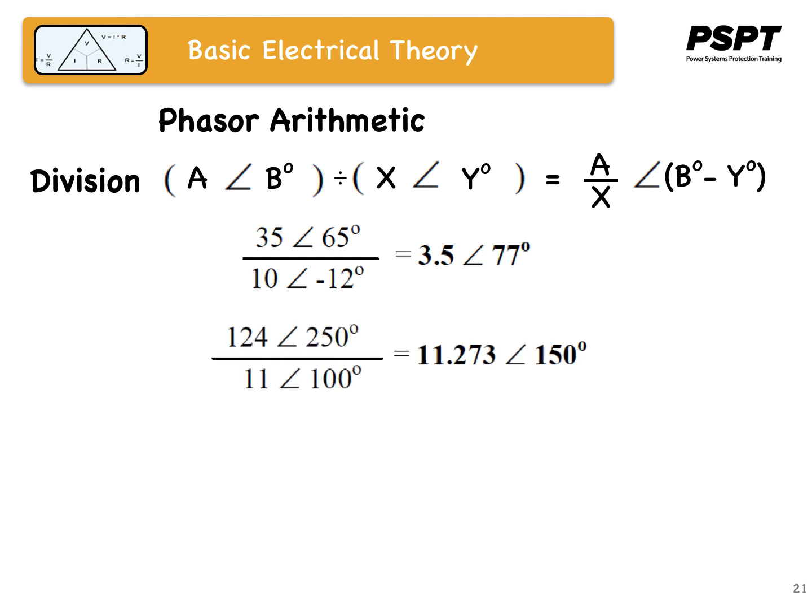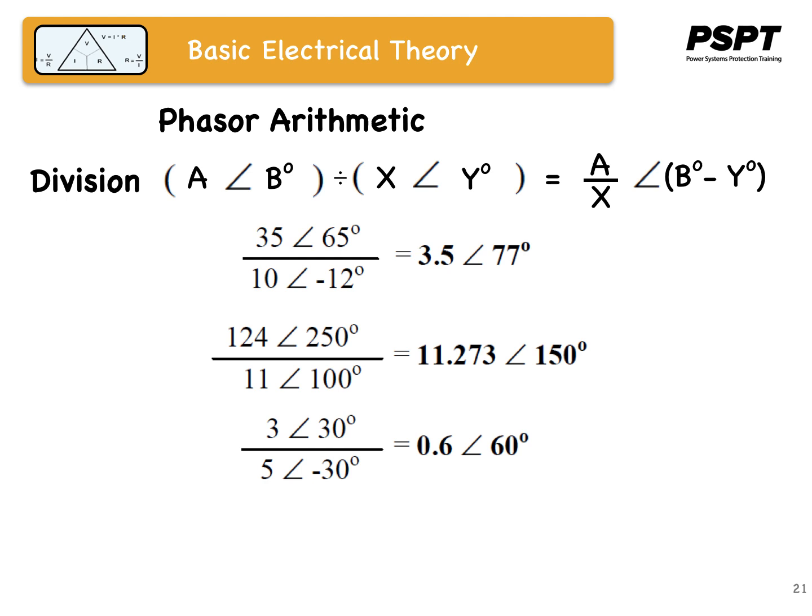In this example, you have a magnitude of 124 at 250 degrees being divided by a magnitude of 11 at 100 degrees. So 124 divided by 11 is 11.273, and you subtract 100 from 250, which leaves you with 150 degrees.